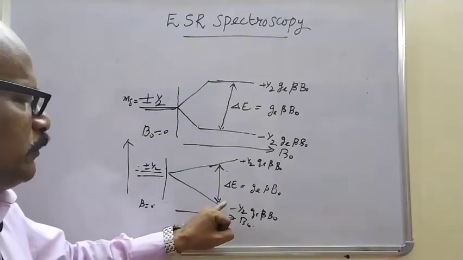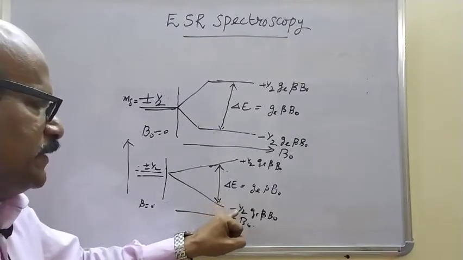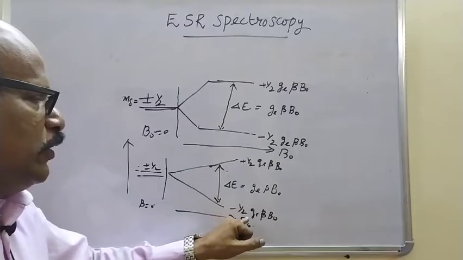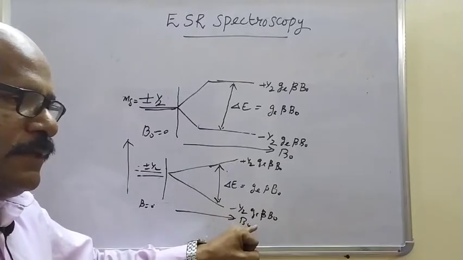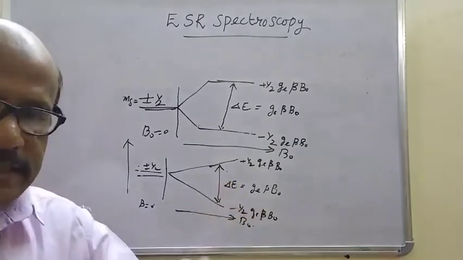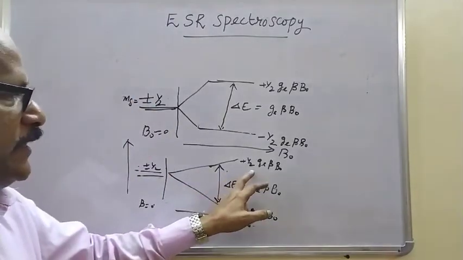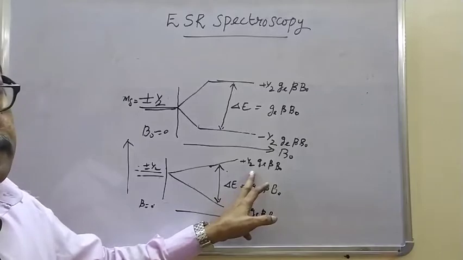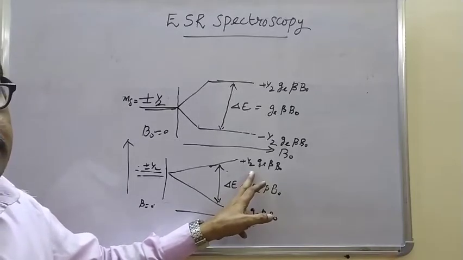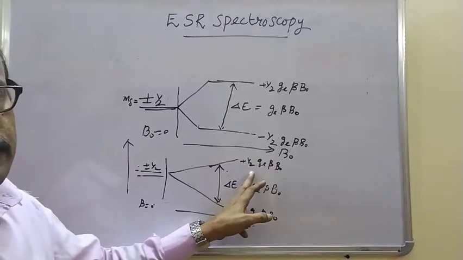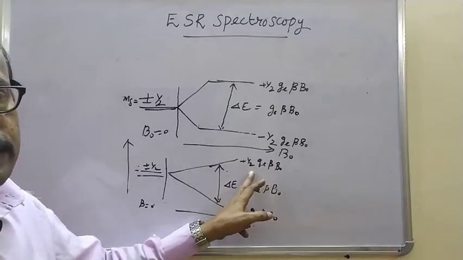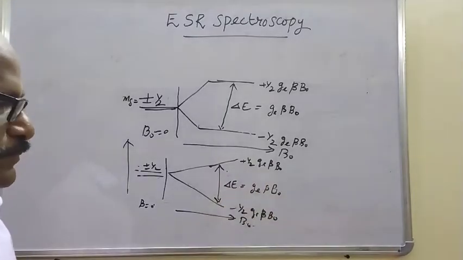So when you apply radiation of suitable frequency, the molecular system in the lower spin level absorbs energy from the radiation and gets excited to the higher electronic spin level due to the magnetic dipole interaction, where the magnetic field of the dipole interacts with the magnetic field of the electromagnetic radiation.